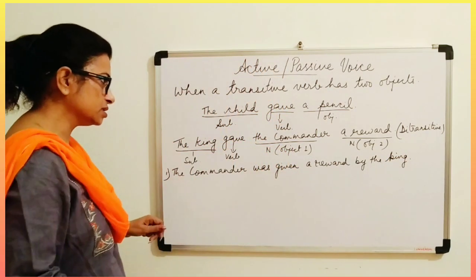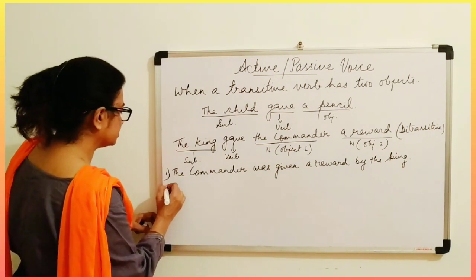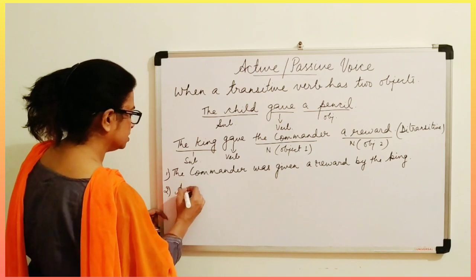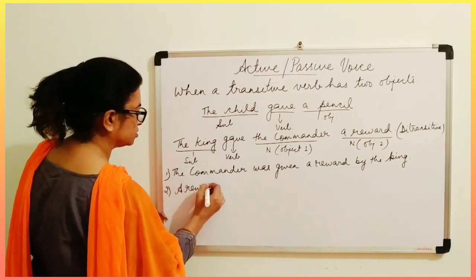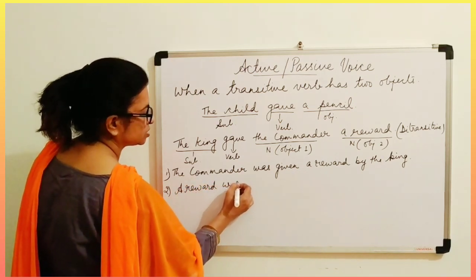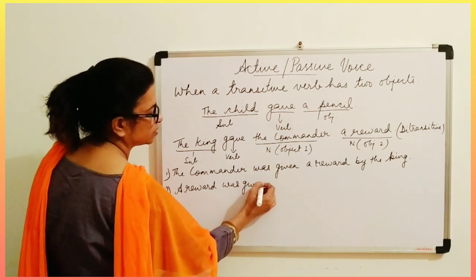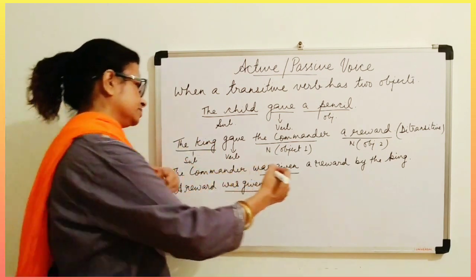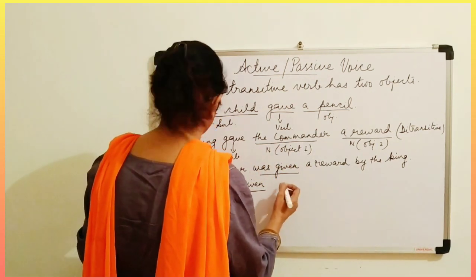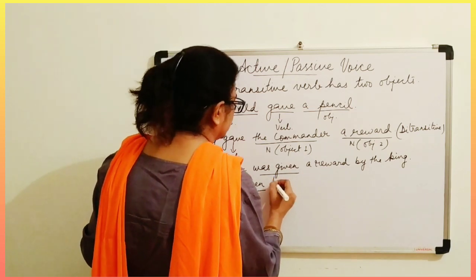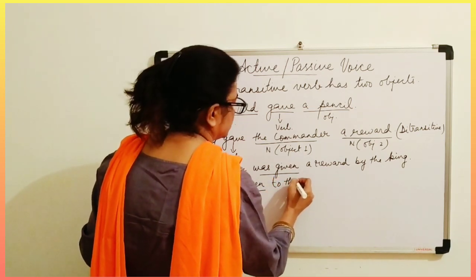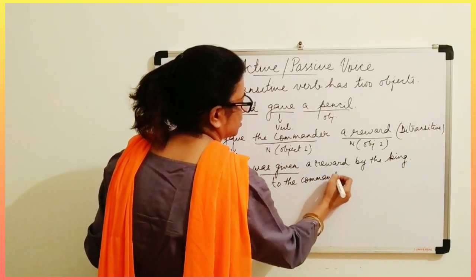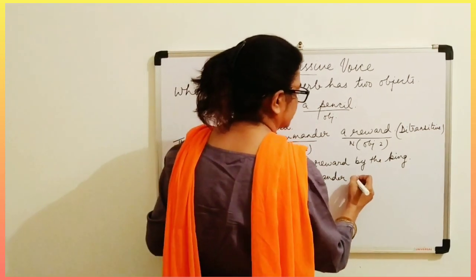This is one sentence. And the second one you can make by using a reward. A reward was given to the commander by the king.